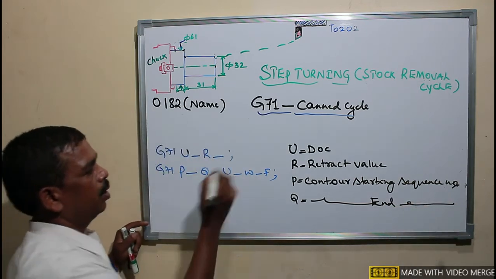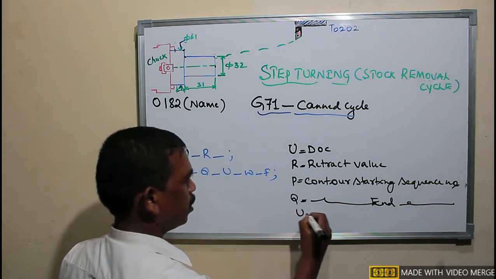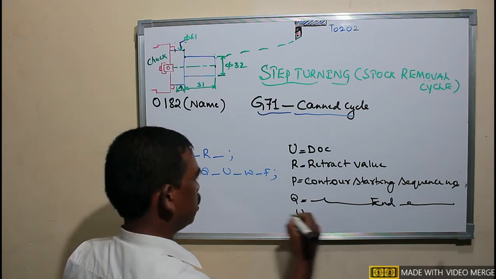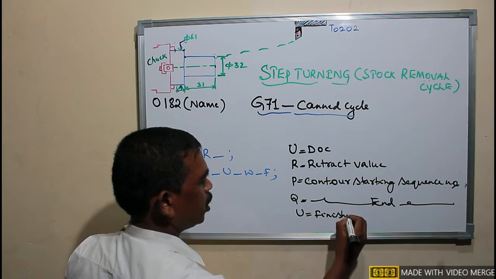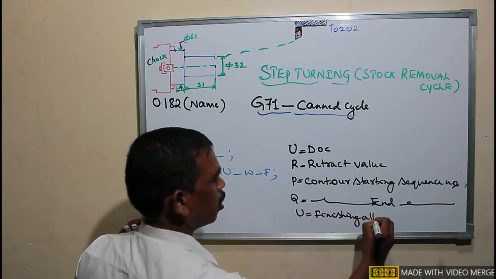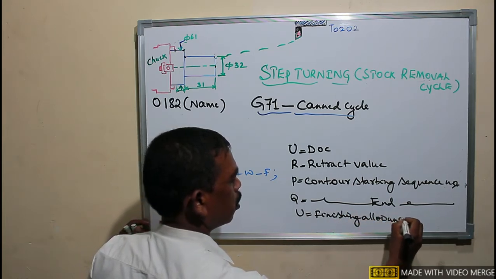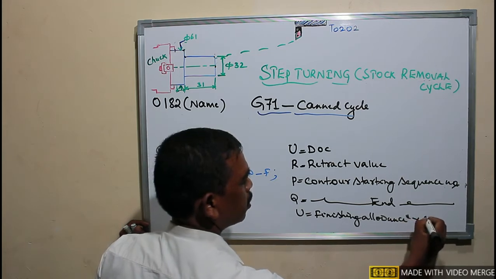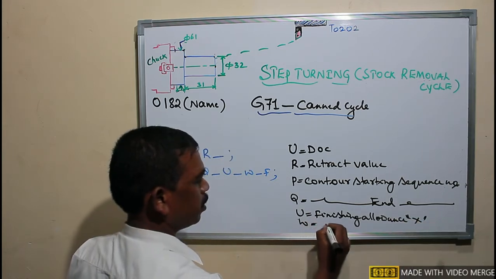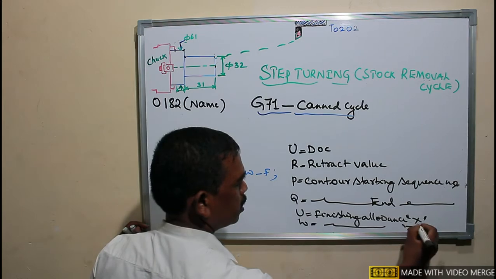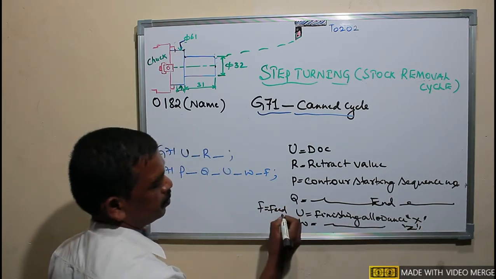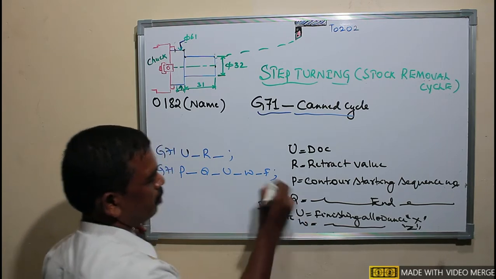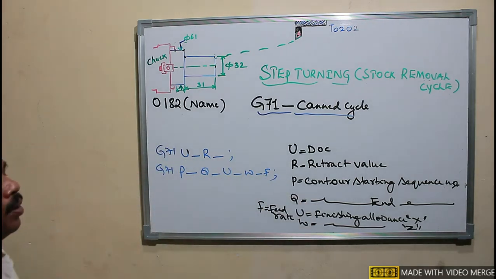U is the finishing allowance in the x-axis, W is the finishing allowance in the z-axis, and F is the feed rate in mm per minute.